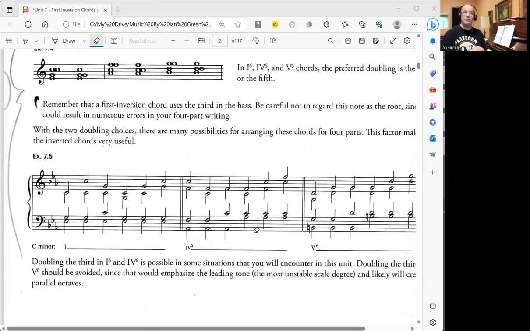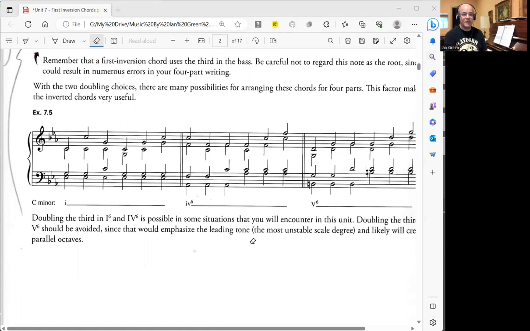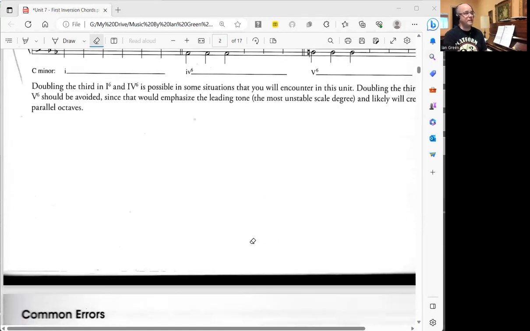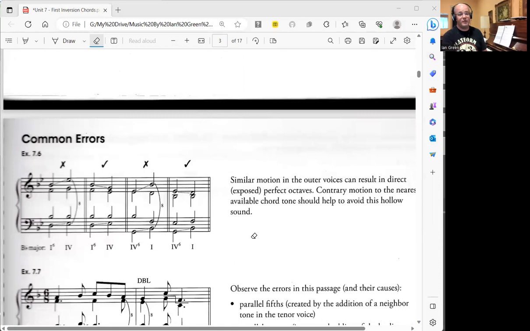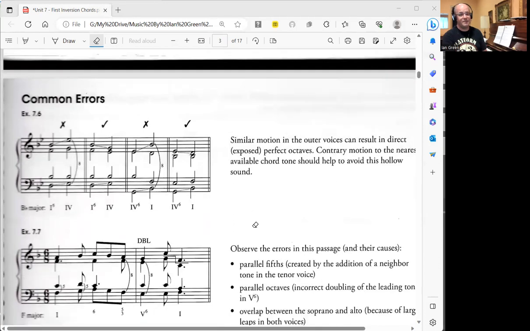So unless absolutely you have to, it's 99% of the time best to just leave the third in the lowest part of the chord and then write other notes, either the root or the fifth, above. We will also be discussing the dominant seventh chord and its various inversions in another video. We're just speaking on triads today.